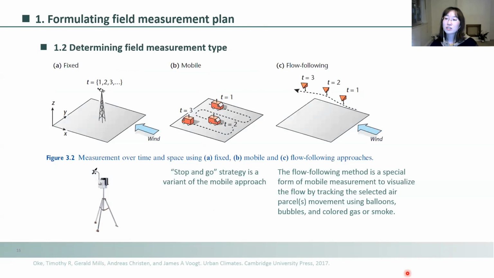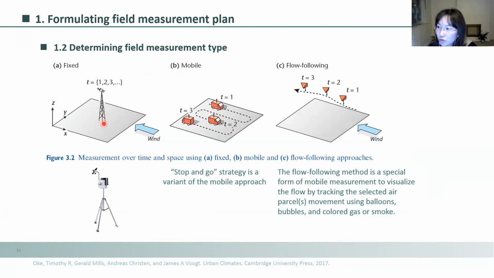And the second step is to determine the field measurement type. From Kai Oke's book, we can find that there are three kinds of field measurement: the fixed, mobile, and flow following approaches. The fixed one is the most commonly used, but it has high demand for instruments and manpower.